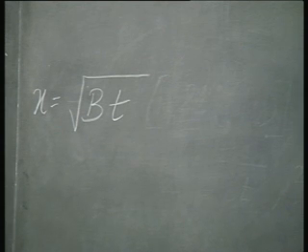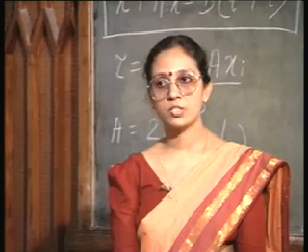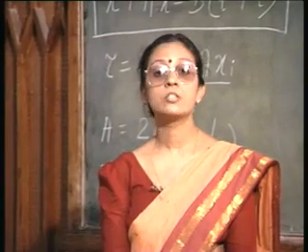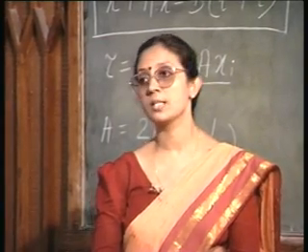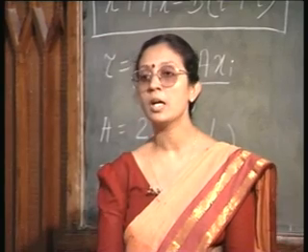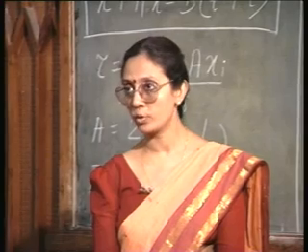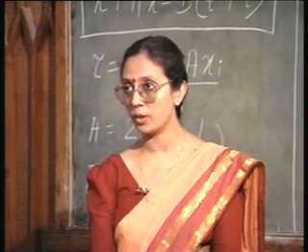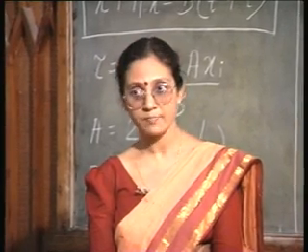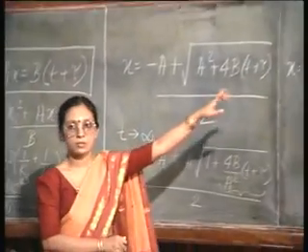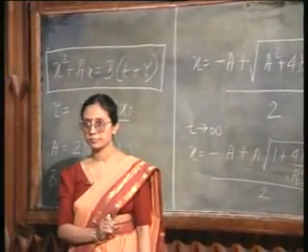That is, when the time of oxidation is really very large, it no longer follows the linear rate of growth, but it now follows a parabolic rate of growth. You would all know the equation of a parabola, y square equal to 4ax, right. This is what you are seeing here: x square is equal to Bt.